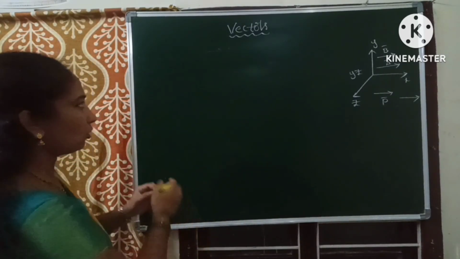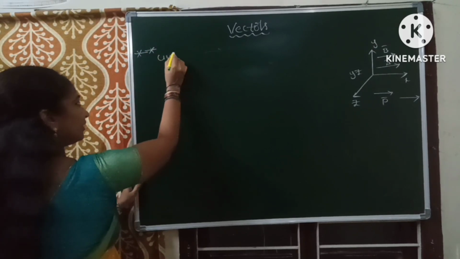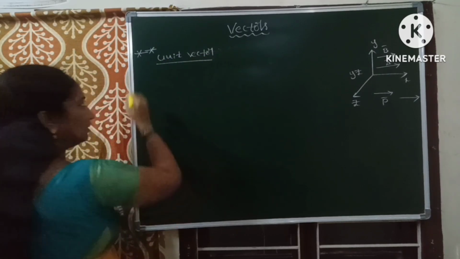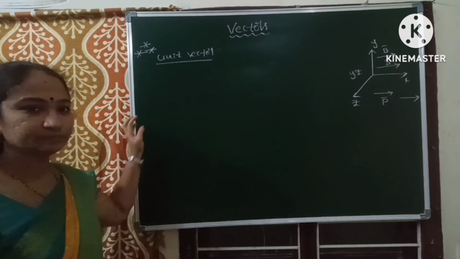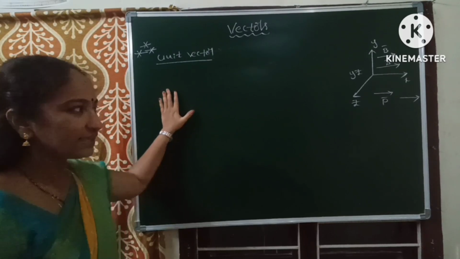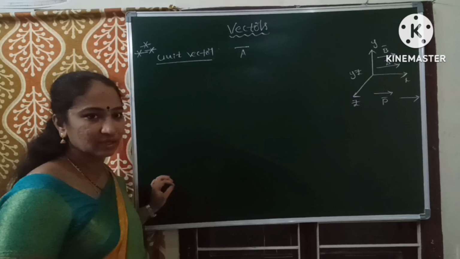Along with these, one more type of vector, and very very important, is the unit vector. Unit vector, very important. Which vector is called a unit vector? For example, I have a vector. The vector name is a bar.